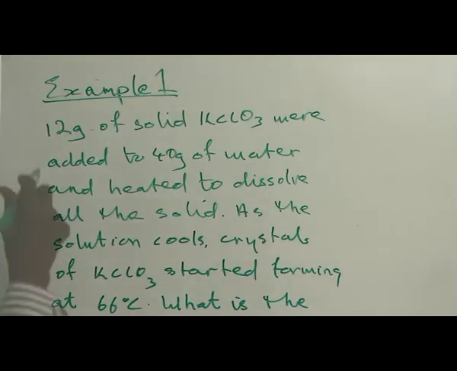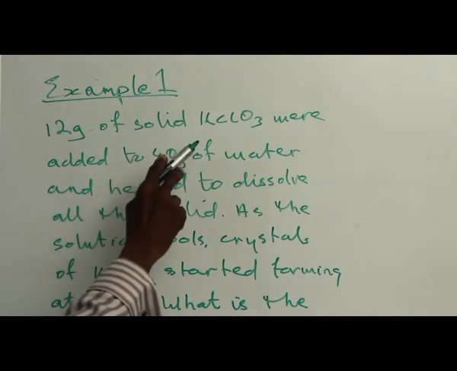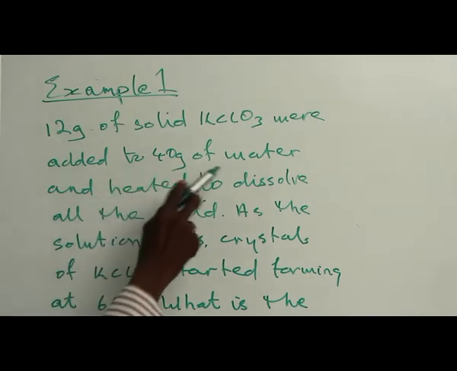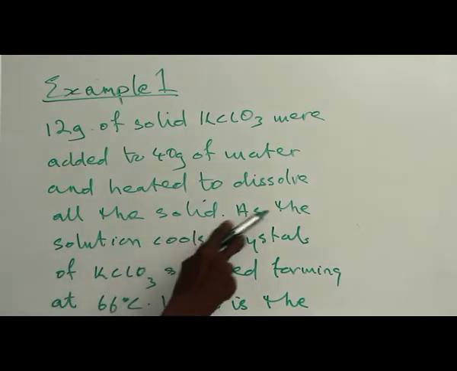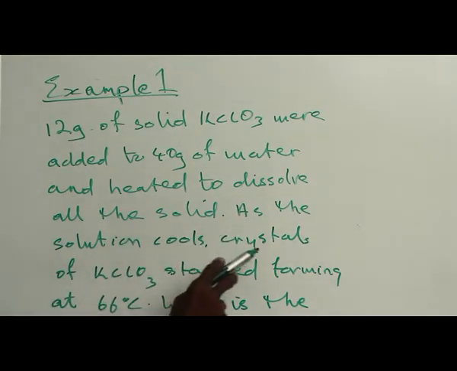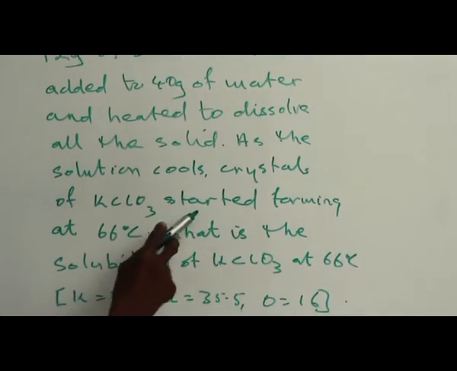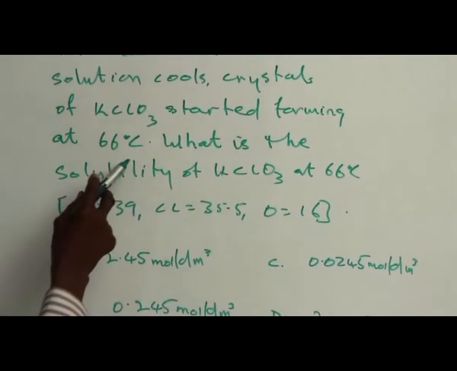Example 1. 12 grams of solid potassium trioxochlorate(V) were added to 40 grams of water and heated to dissolve all the solid. As the solution cools, crystals of potassium trioxochlorate(V) started forming at 66 degrees Celsius.